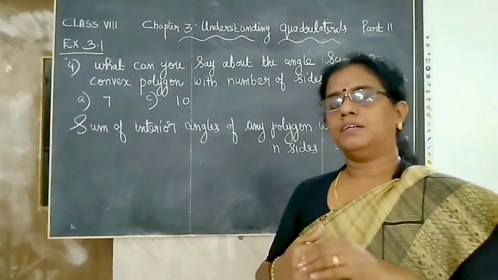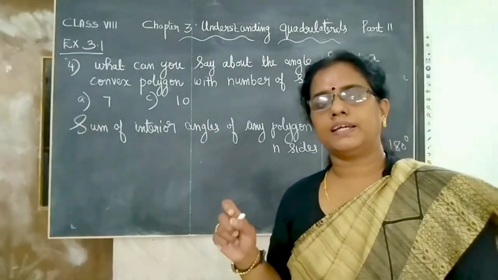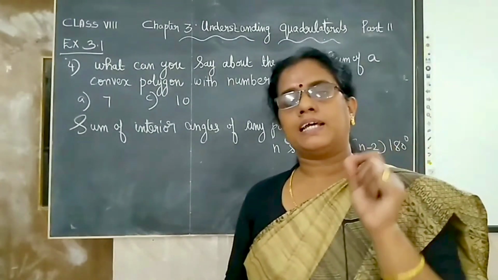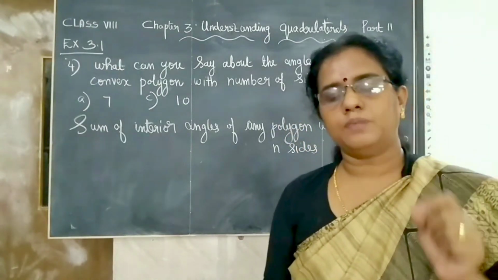Here we have to study one equation: the sum of interior angles of any polygon with n sides is (n minus 2) times 180. This is the equation to find the sum of interior angles of any polygon.